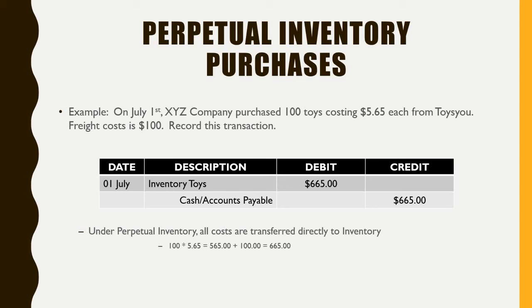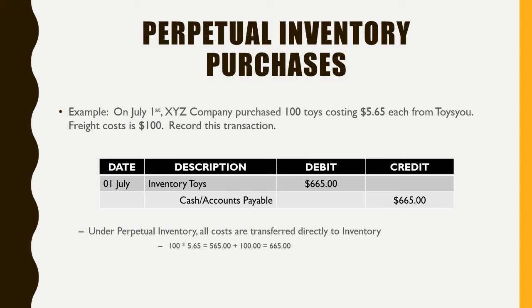Because we're not learning periodic inventory anymore. We're learning perpetual. In perpetual, we have to put everything in inventory so we know how much inventory we have on hand at all times. It's a different method of keeping track of our inventory. So that's the difference between periodic and perpetual.